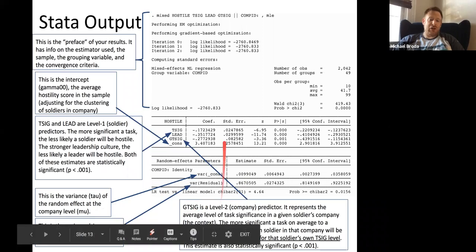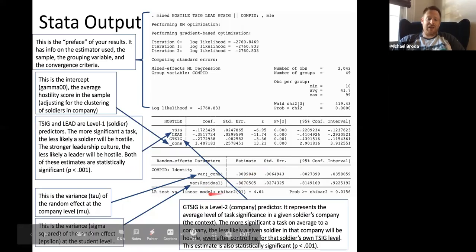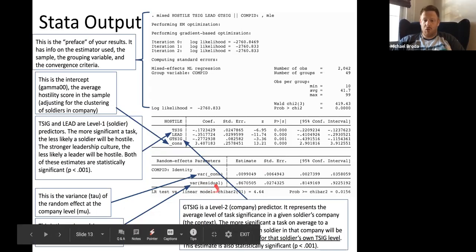And that's equivalent to tau, by the way, in our notation. So this is the estimate for tau, and below it we have the estimate for sigma squared, and that is the variance of the residual individual level variability, and that's equal to 0.86.